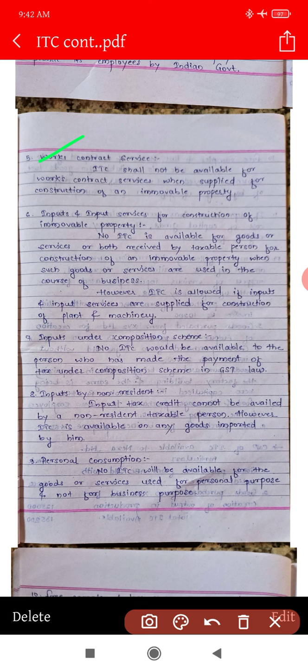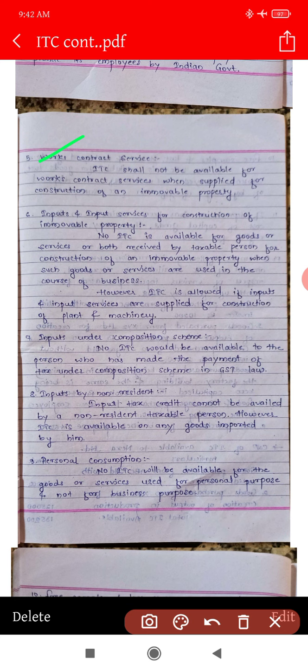No ITC is available for goods or services or both received by a taxable person for construction of immovable property when such goods and services are used in the course of business. However, ITC is allowed if inputs and input services are supplied for construction of plant and machinery.